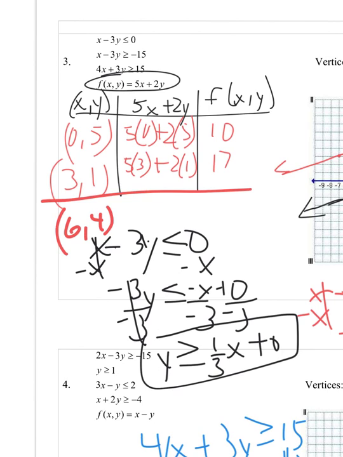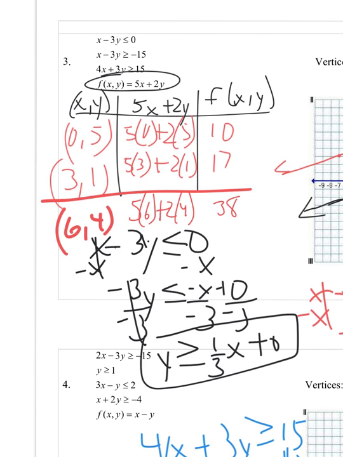Okay, so that's my test point. It's not actually a vertex, but I need to find out what happens, because what happens in unbounded regions is you either have no max or no min. So if I do this, I am going to plug it in, and it's 5 times 6 plus 2 times 4, which is 30 plus 8, which is 38.